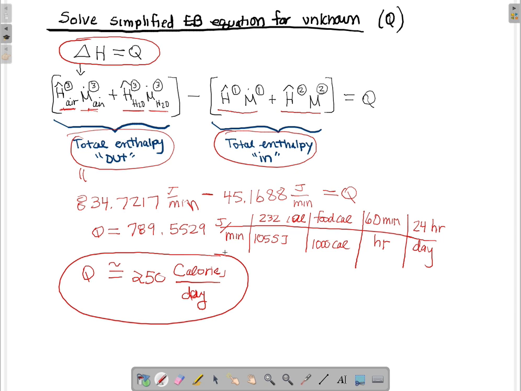It is a really good example of solving an energy balance that does not have reactions in it. An important thing to keep track of here is to pay close attention to the reference state.